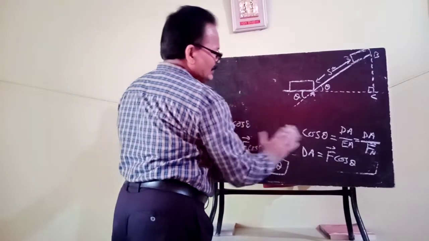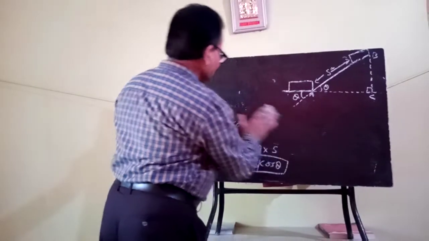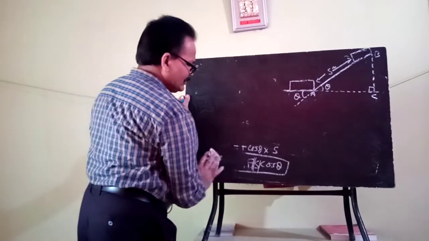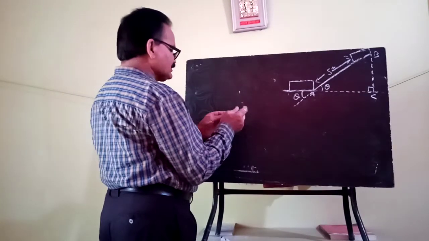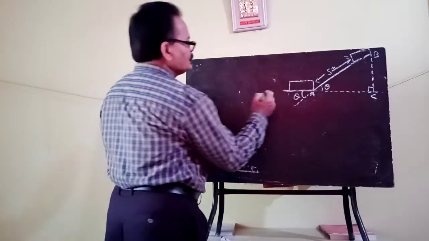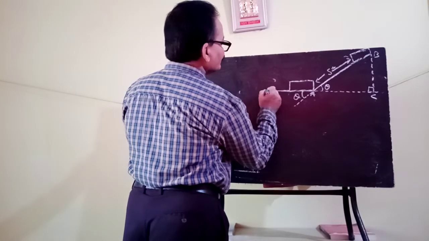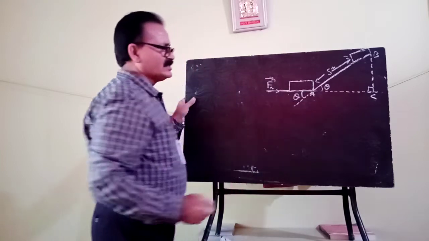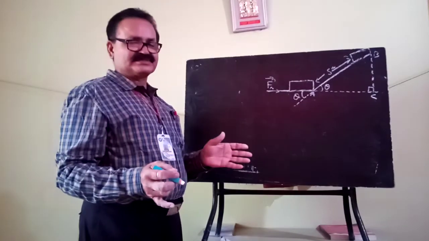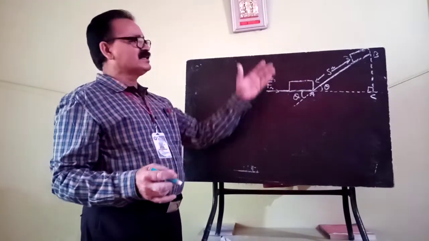So whatever the situation may be, either the entire force of F Newton is acting on this body, or a part of the force is used for making the displacement.